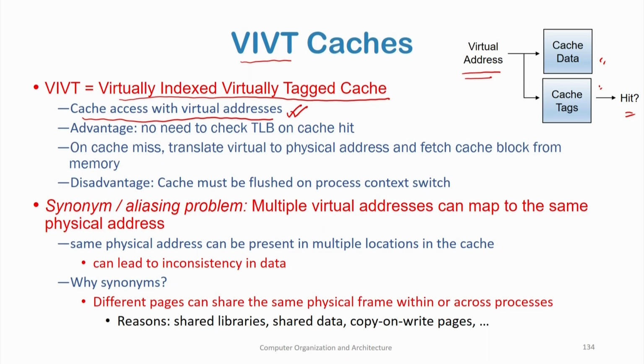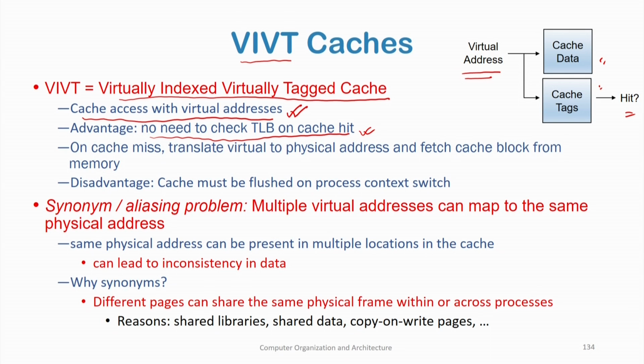The advantage is that we do not need to check the TLB on a cache hit, because the process generates virtual addresses. Directly based on the virtual address, I check whether I have the data corresponding to this virtual address. The physical address could be anything, but that data has been brought into the cache and is stored corresponding to the virtual address.